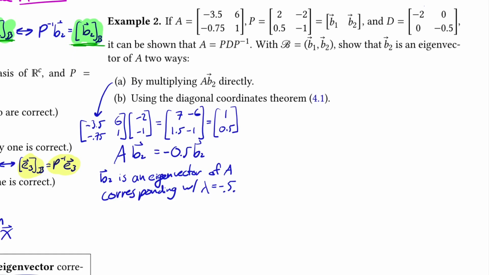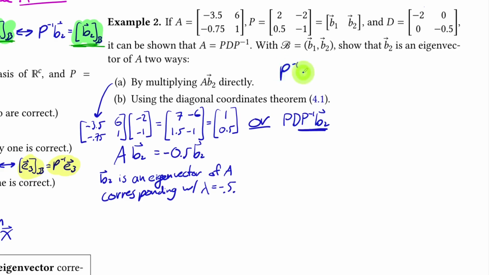You could also say multiplying it directly could also mean just writing it as P times D times P inverse and doing that times b2. We're still just going to multiply it here. Well, what do we know about P inverse times b2? Well, we know that P inverse times P is the identity.